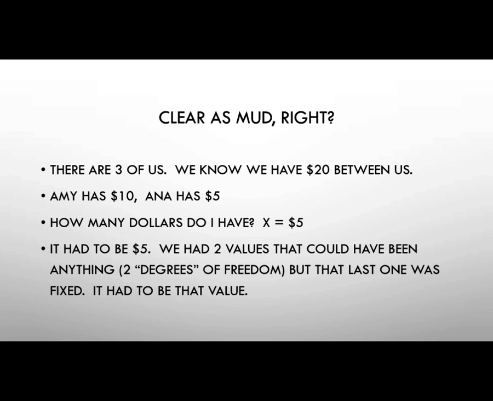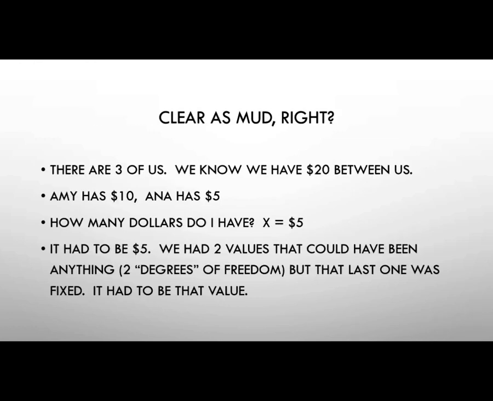You know that once you know Amy's value and Anna's value, I'm stuck. I have to have 5 because she has 10 and she has 5. That's 15. So left over is me. I must have 5. So we had 2 values that could have been anything. They had 2 degrees of freedom, but once those were known, that last one was fixed. It had to be that value.